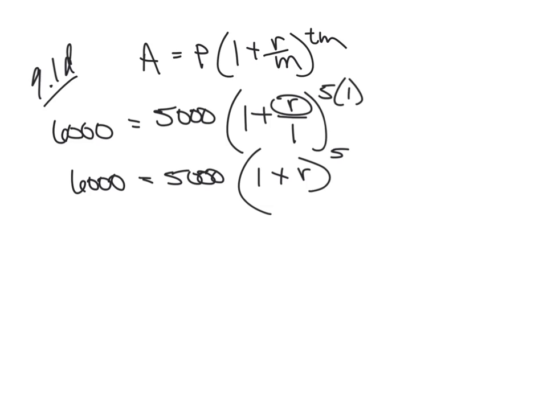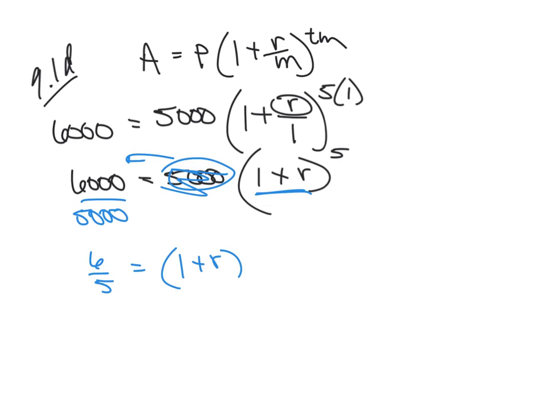So here's what I'm going to do next. I am going to take this and move it over here so that I can isolate this. So I'm going to divide that by 5,000. Get rid of that. So I have 6 over 5 equals 1 plus R to the 5th power. Alright, how do I get rid of an exponent?